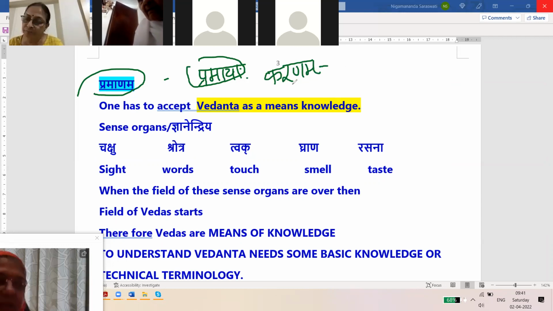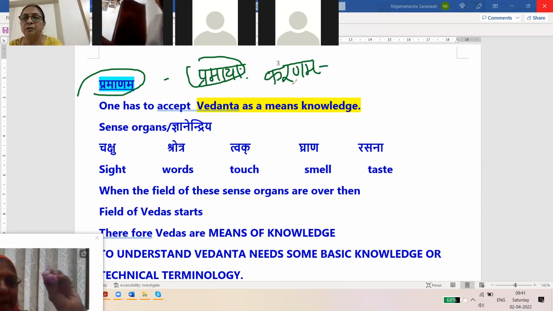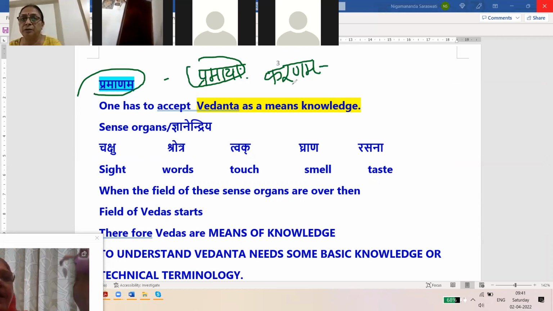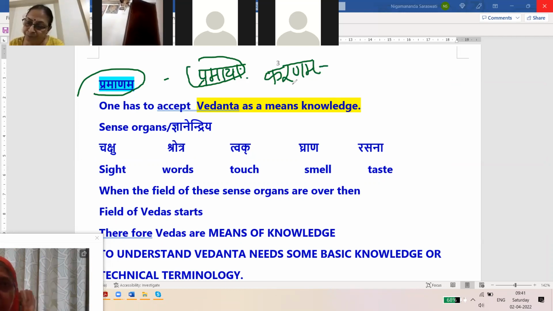So if I say this is a rose, who is the means of knowledge to get this knowledge? My eye is a pramanam to know colors and form. To listen to any word, our shrotra, as I have written, is the pramanam. To sense whether something is hot or cold, rough or smooth, tvak is called the pramanam.